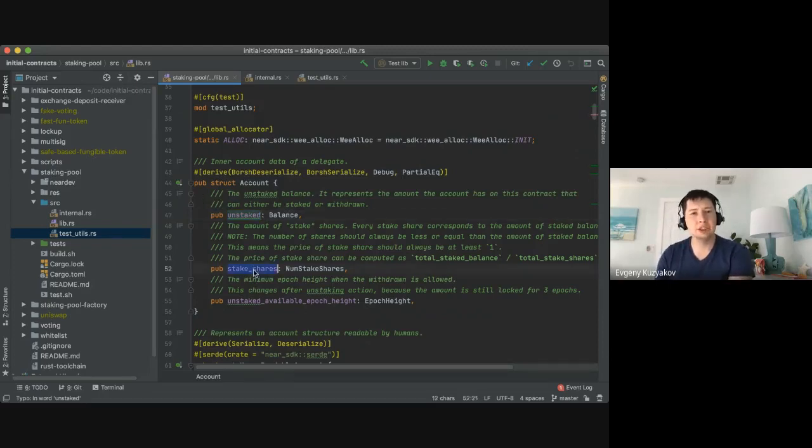Then stake shares is also a balance, but not in NEAR, but instead in number of stake shares.